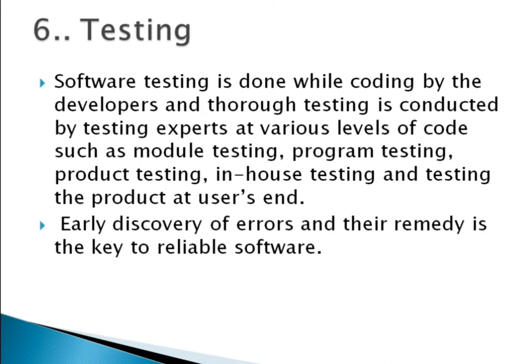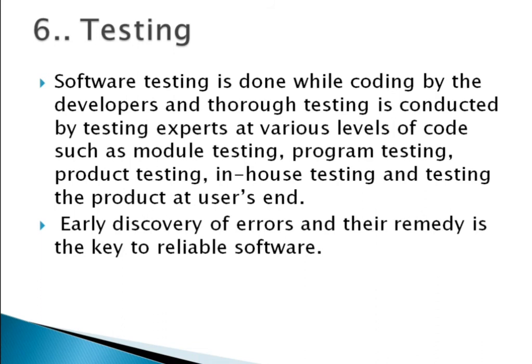The sixth one is testing. When the system is ready, it is tested to check whether the system meets the user requirements and fulfills the user needs. Testing is really very important. Software testing is done while coding by the developer, though testing is also conducted by testing experts at various levels of code, such as module testing, program testing, product testing, in-house testing, and testing the product at user ends.